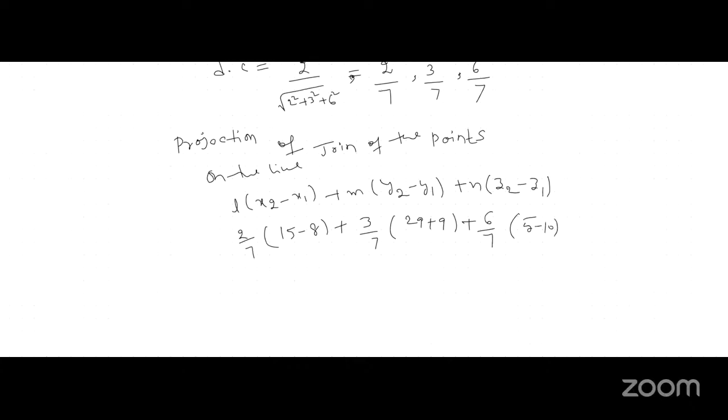So after the simplification, we are getting 98 by 7, that equals 40. So this is the easiest method to find the shortest distance between the two lines. That is the easiest method here.